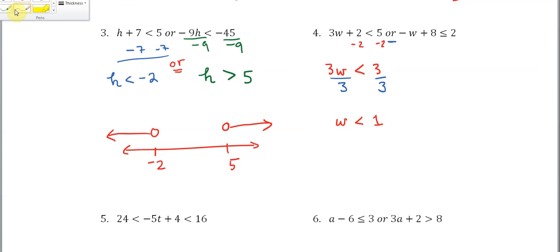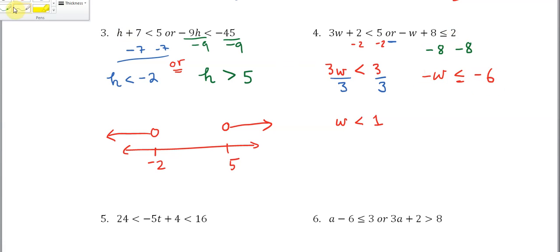Okay. So that takes care of our first inequality. The second one, you have negative w plus 8 is less than 2. So subtract 8 from both sides. And that is going to give us negative w on the left, and 2 minus 8 is going to be negative 6.